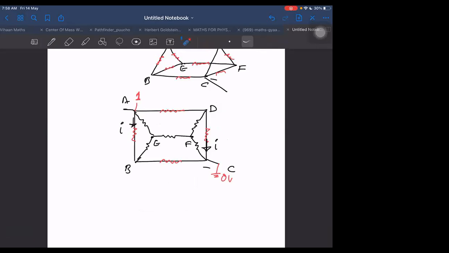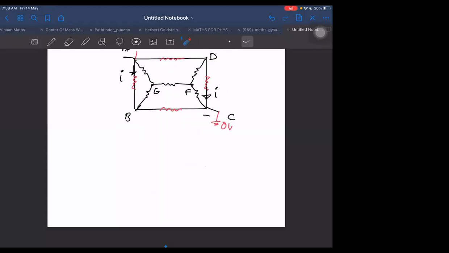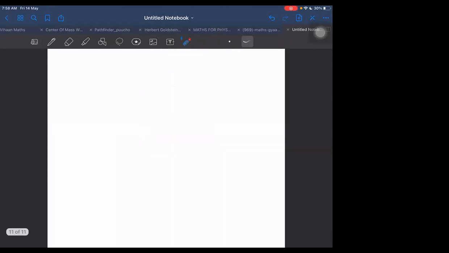Sometimes, this is a simple circuit. Sometimes we may have some intermediate 2 points, and here also intermediate 2 points. Those are neither connected to positive nor connected to negative. Then how to tell from where to where we have to go? It will be slightly more complicated in that case, but there's a general rule whenever we say that these currents are same.